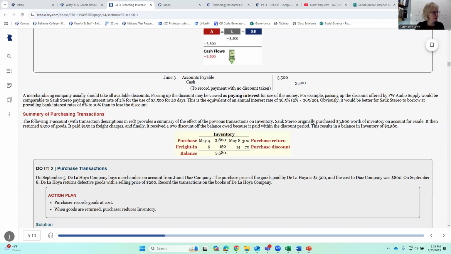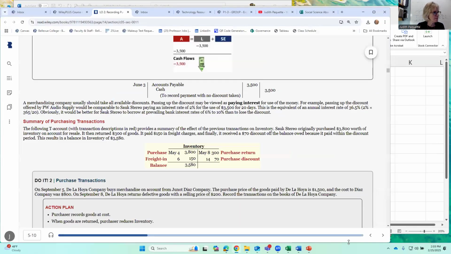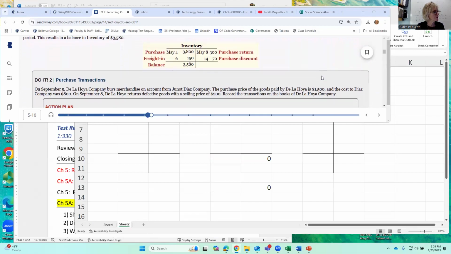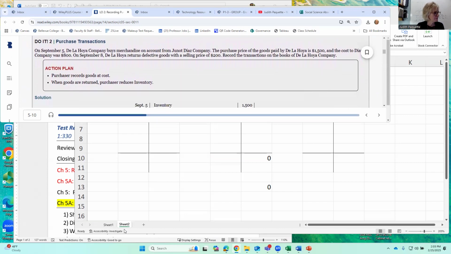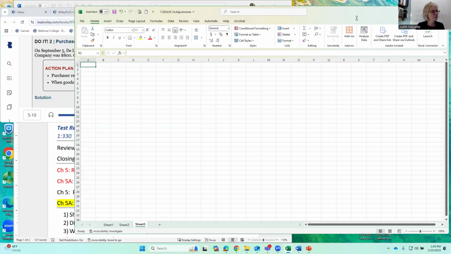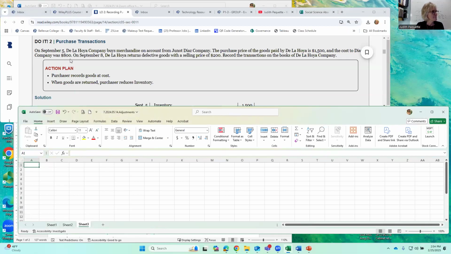Okay, let's talk about the journal entries. So on September 5th, we're just doing inside this gray box. And we're saying La Jolla buys merchandise.